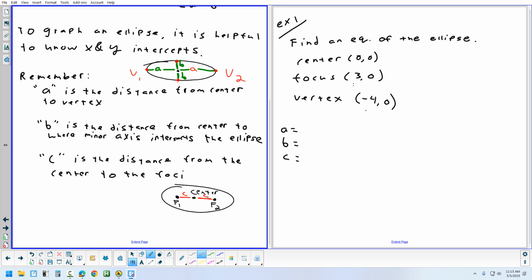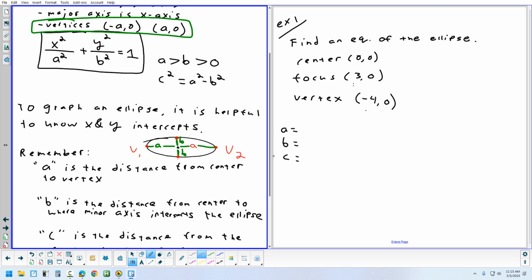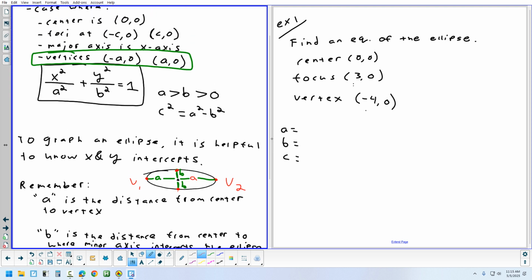Now, they're not always going to give you all that information. Okay? You need to figure out the A, the B, and the C. But you might not know all three letters. You don't need all three. When you are working with an ellipse, as long as you can figure out two of them, you can find the third one.